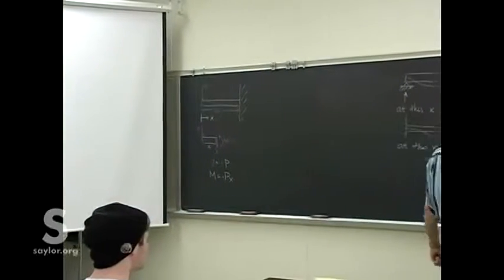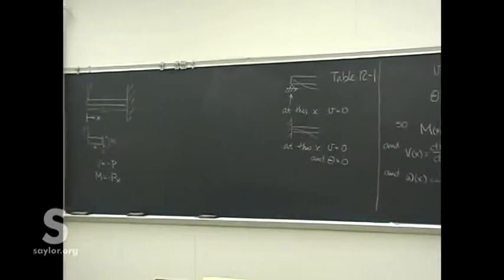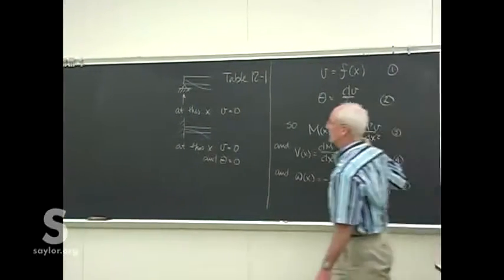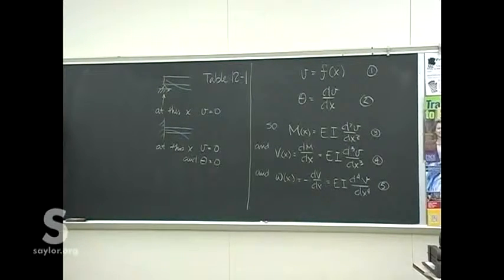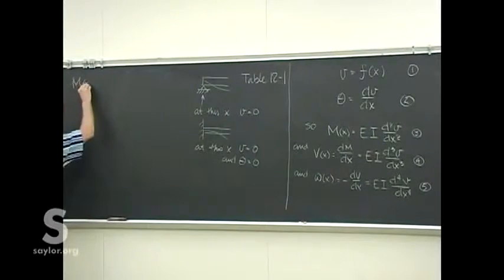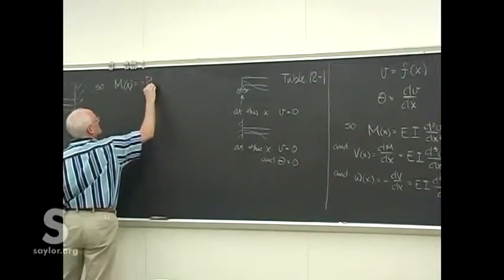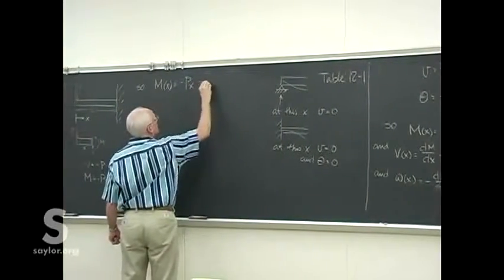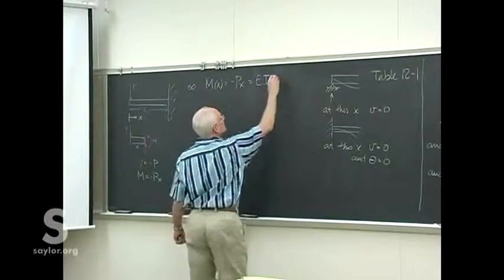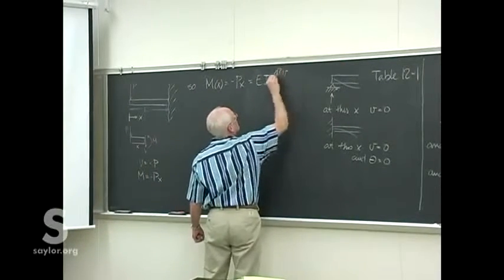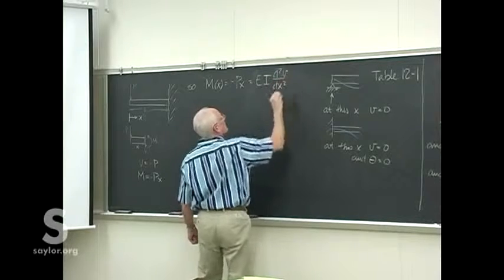So we've got the moment as a function of x, and we can start right here then. So we've got moment as a function of x is minus Px, and that equals EI, and it's the second derivative of this curve that we seek.